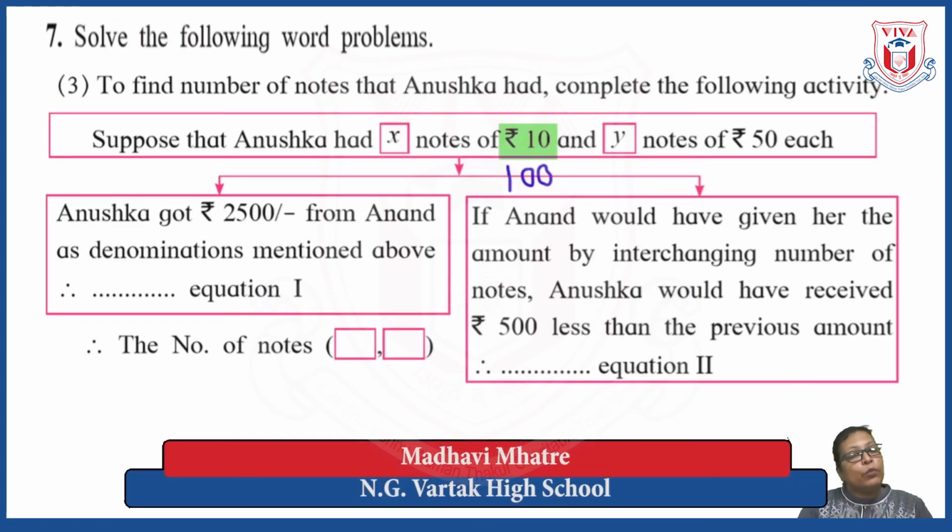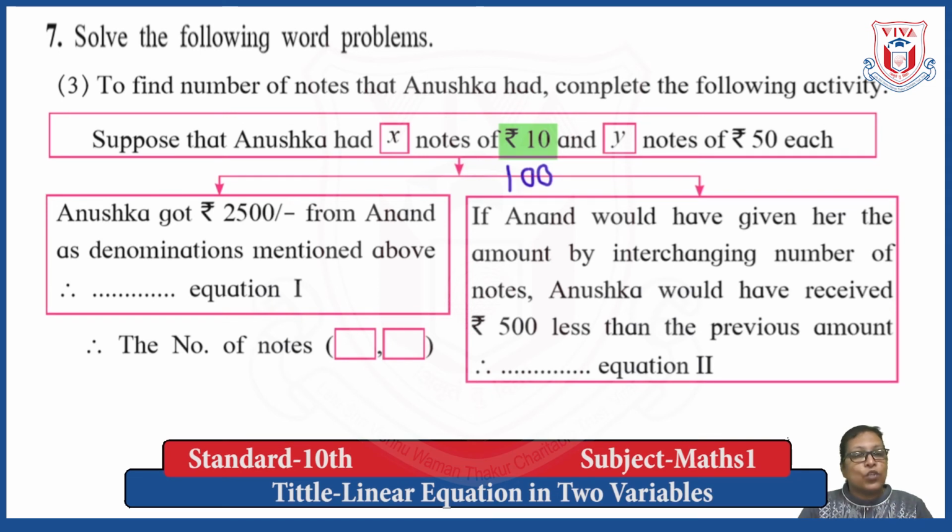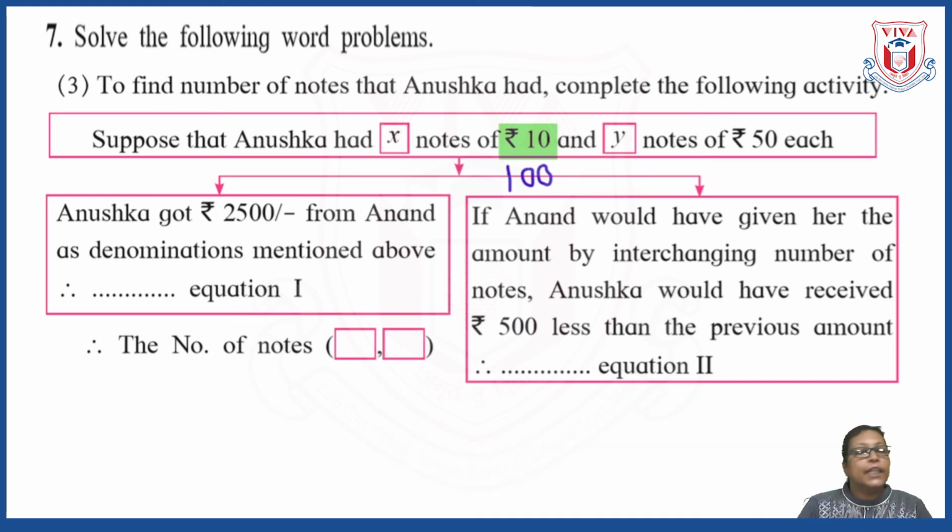Then all the remaining questions are similar to the exercises, so I have not taken those. I have come directly to the last question, that is question number 7. From question number 3, I have just written the question here to tell you that there is a printing mistake in the question. See, the printing mistake is marked with green color.